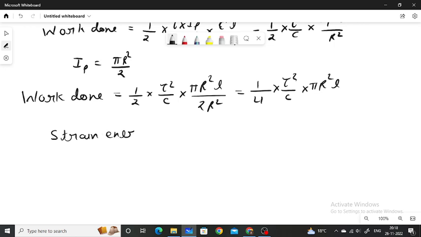Now strain energy U will be equal to tau square upon 4C into volume, because pi R square L is equal to the volume of the shaft.